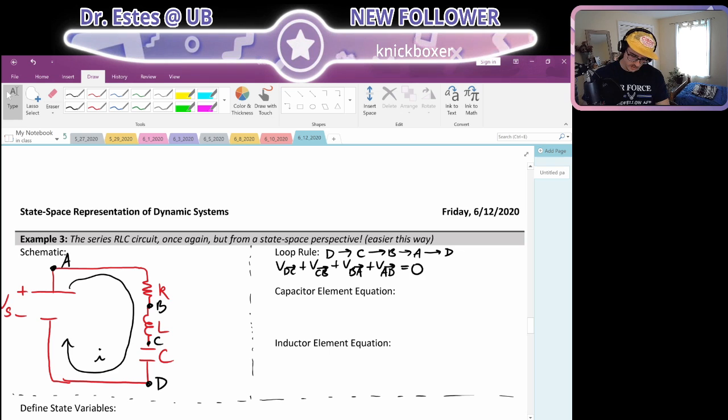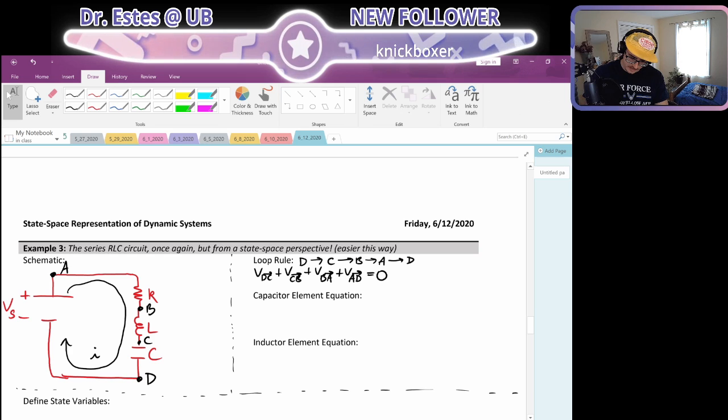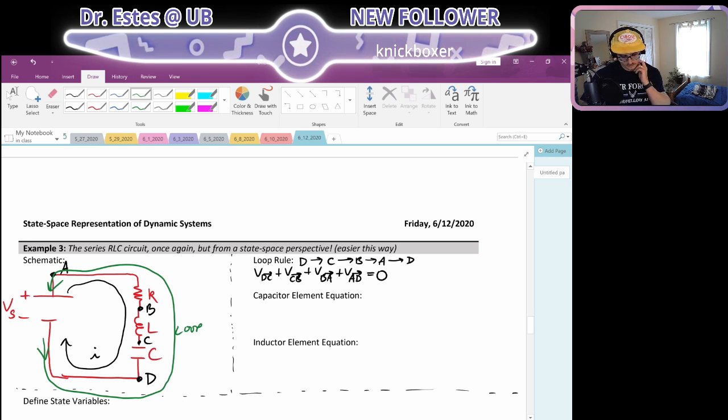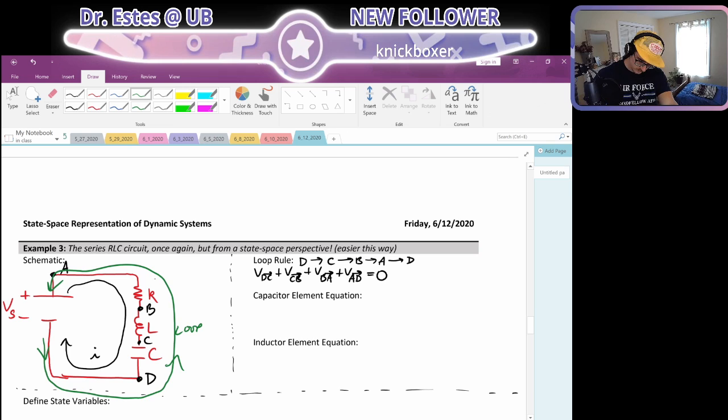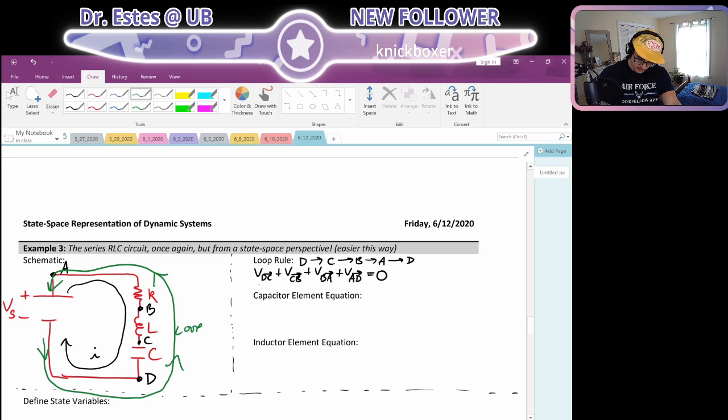Okay. So if I go from D to C in the opposite direction of the current, so my loop is going this way, I'm going to cross the capacitor in the opposite direction of the current, so I'm going to call this positive VC plus VL.